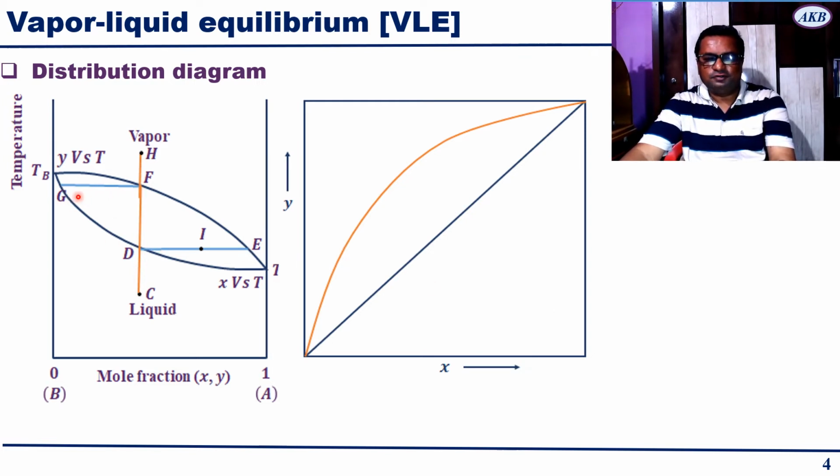When the information of this tie line is read on the distribution diagram, you just have a point. So tie line GF becomes a point over here. Similarly, tie line DE becomes a point on the distribution curve.